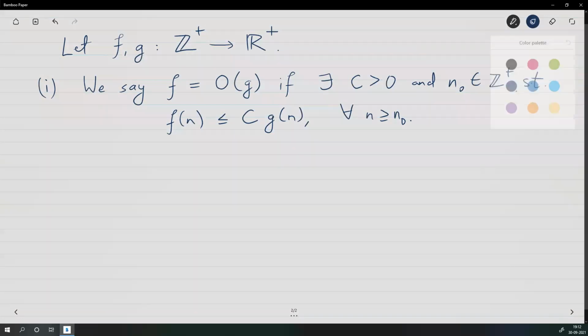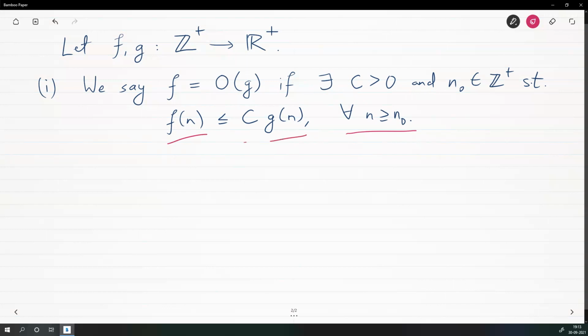What this means is, for all n greater than or equal to n naught, that means after a certain point, for every input n, the function value of f at the input n is bounded above by the function value of g at input n up to a constant. It's not necessarily f of n less than or equal to g of n, but f of n less than or equal to a constant times g of n.